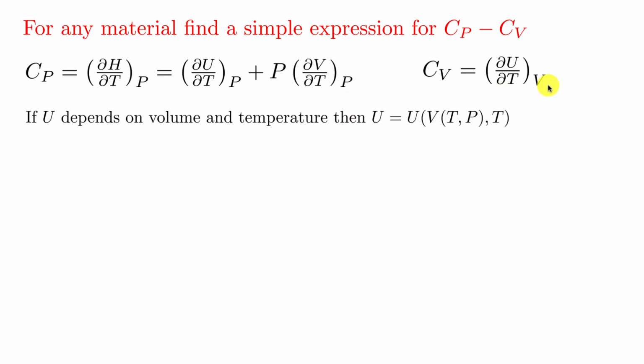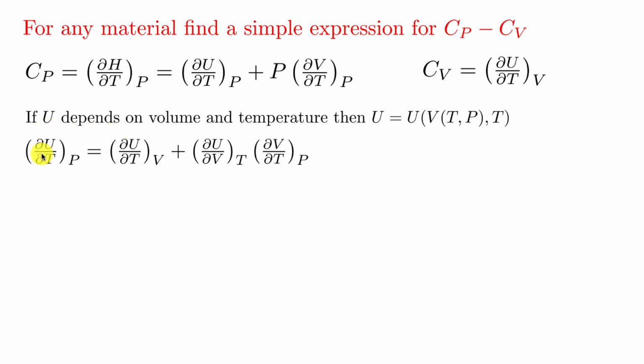Now here one realizes that U, the internal energy, depends upon the volume and it depends upon the temperature. In other words, U is a function of the volume and the temperature, but the volume depends upon the temperature itself and upon the pressure.